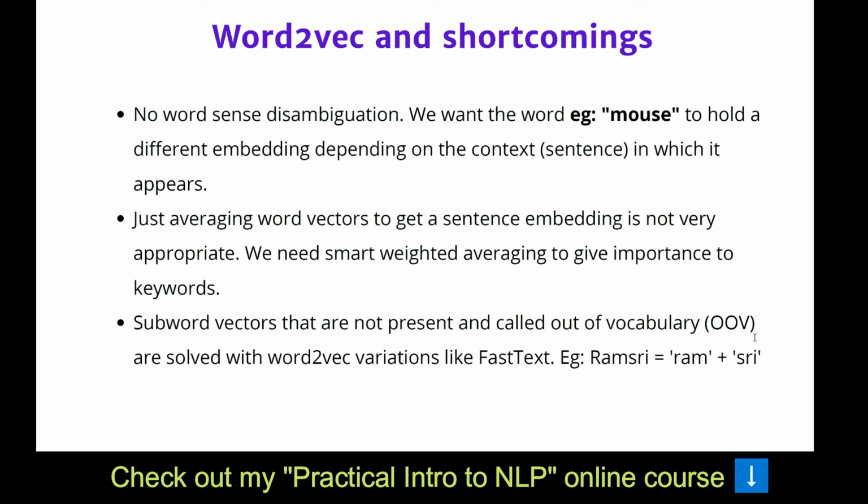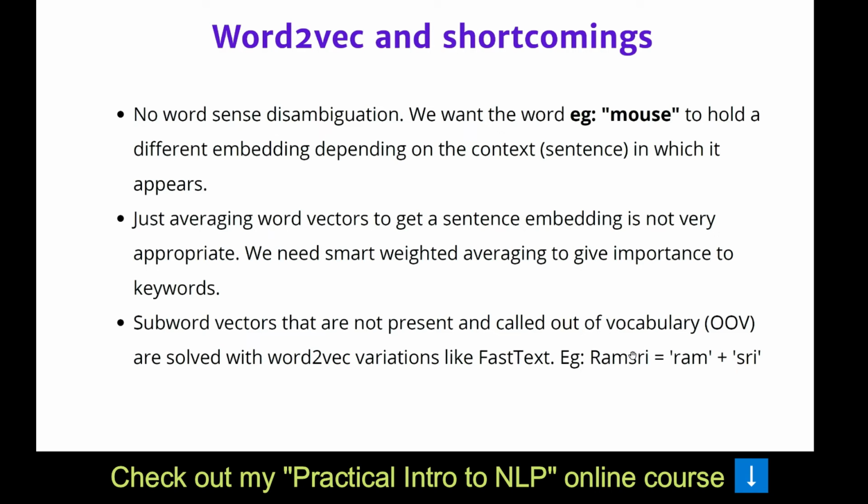So when we take the average sentence vector, we are going to completely ignore Ramsri because it is considered an out of vocabulary word. After Word2vec came out, which is one of the first algorithms to do this word to vector conversion using neural networks, there are several variants that came out, and one of the variants was called fastText by Facebook. And fastText, what it does is that for a given word, if there is no direct entry available in the vocabulary to get the word vector, it is going to split that word into subwords.